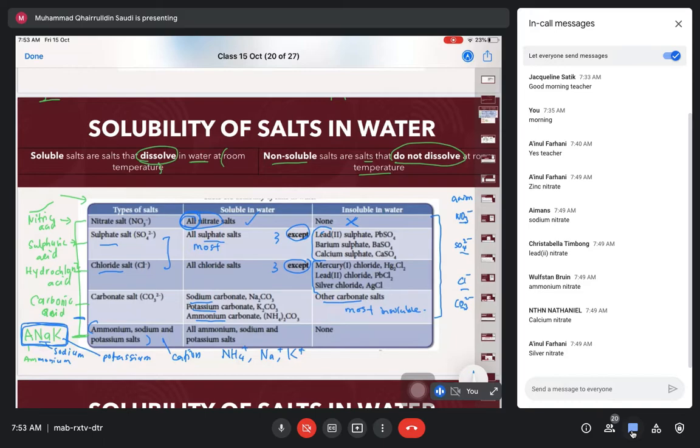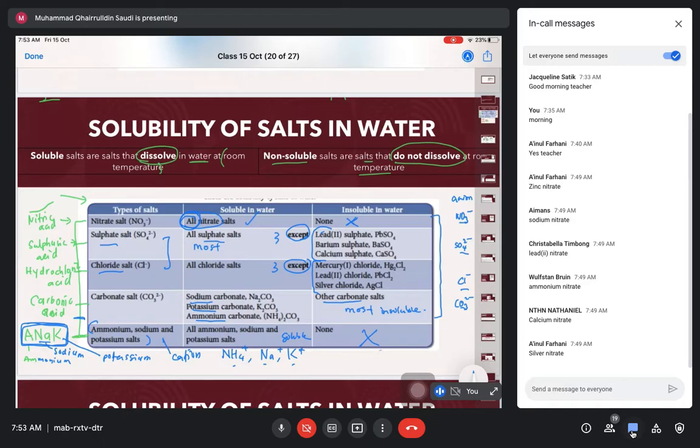Why? Because all of ammonium, sodium and potassium salt are soluble. Tak ada yang insoluble. Kalau the cation started with ammonium or sodium or potassium, tak kisahlah dia nitrate, sulfate, chloride or carbonate kat belakang dia, bila hadapan dia, cation dia adalah ammonium, sodium or potassium, tak kisah langsung belakang dia apa, everything is soluble.